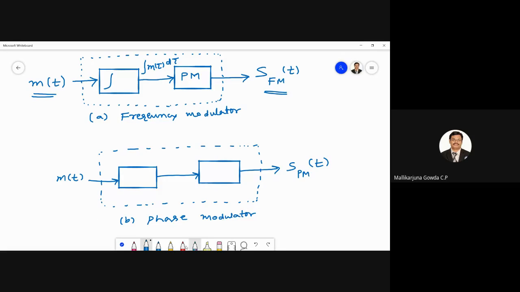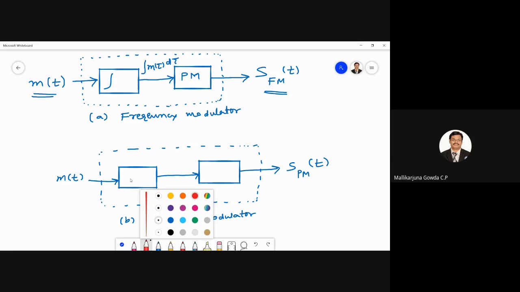Yeah. So the first block should be the differentiator. What is the understanding here? For FM, the FM wave corresponding to message signal m of t is also a phase modulated wave for the integral of m of tau d tau.